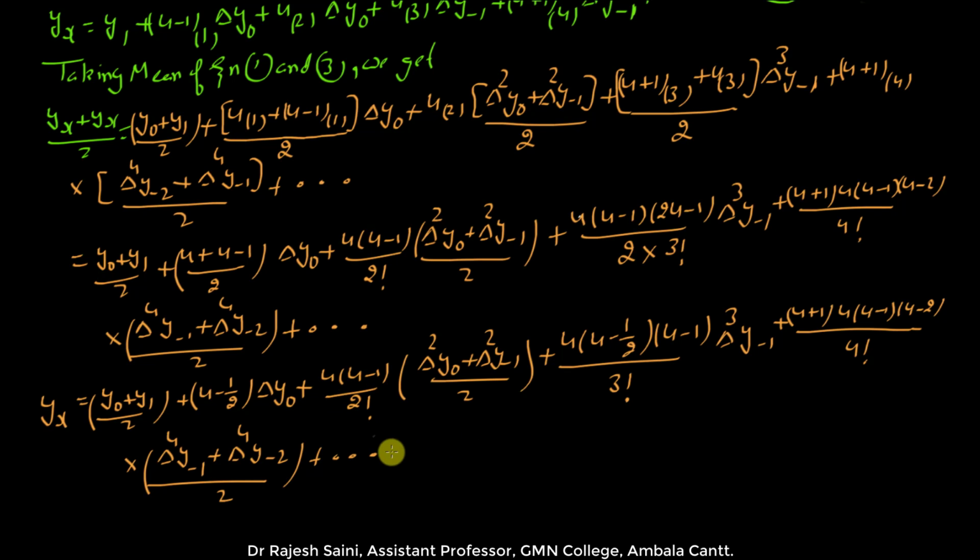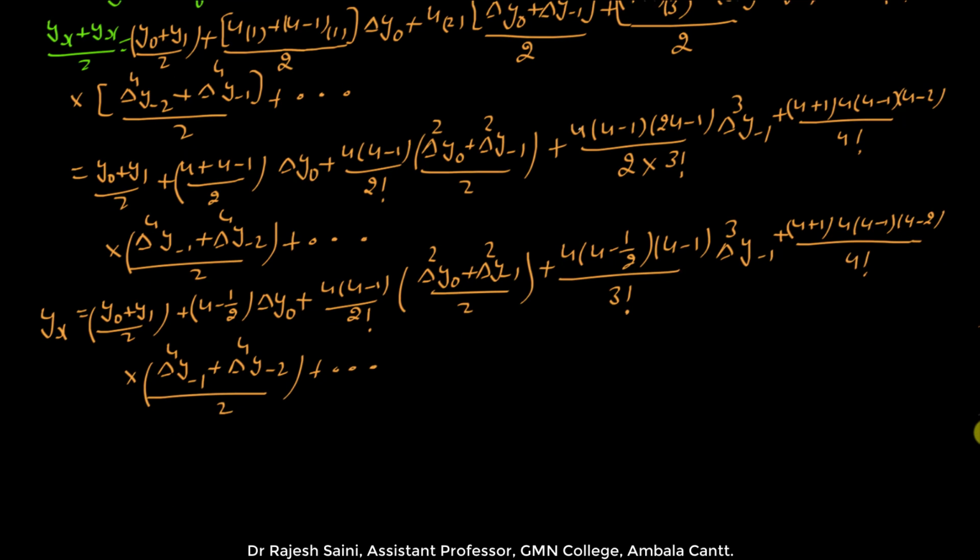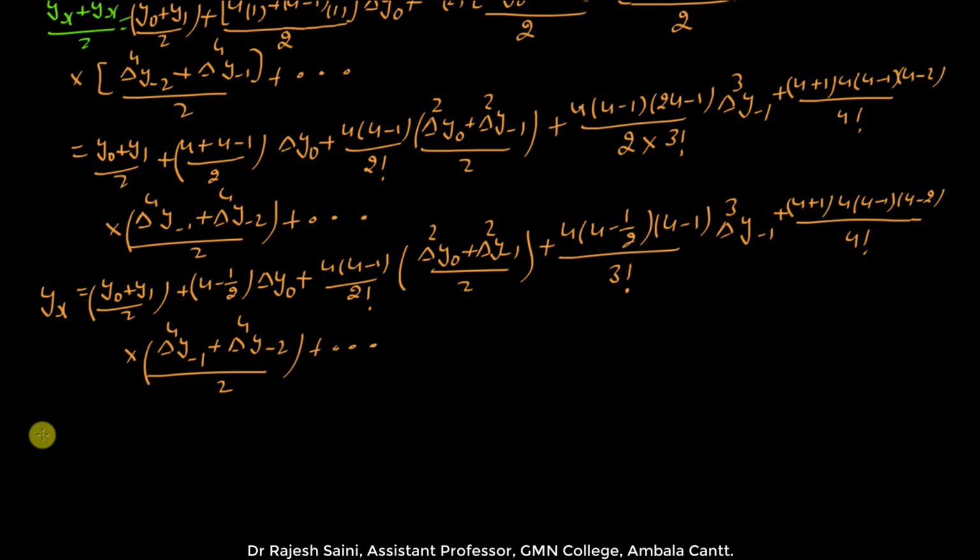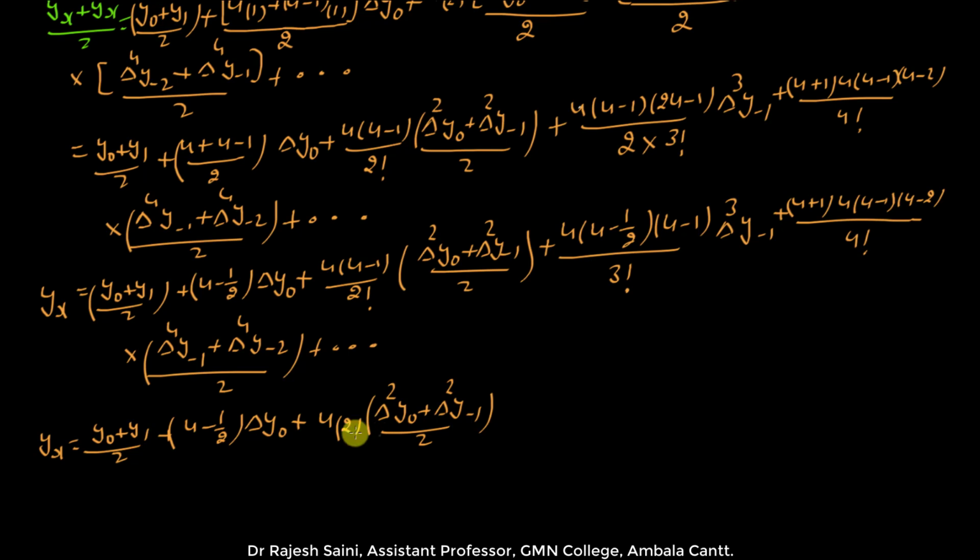So this is the Bessel formula, and in compact form if you want to write it, you can write it something like y0 plus y1 by 2, plus (u minus 1/2) delta y0, plus u(u minus 1) by 2 factorial, delta square y0 plus delta square y minus 1 by 2.